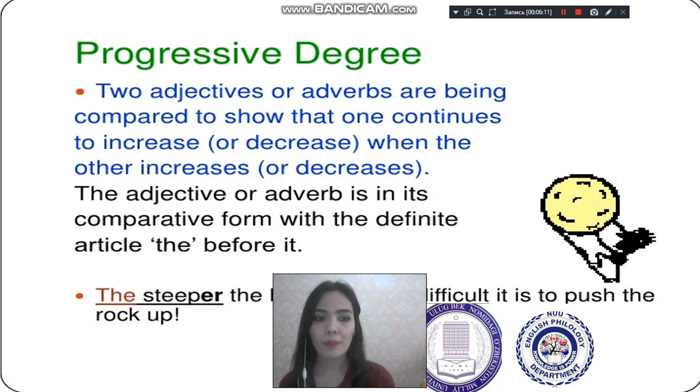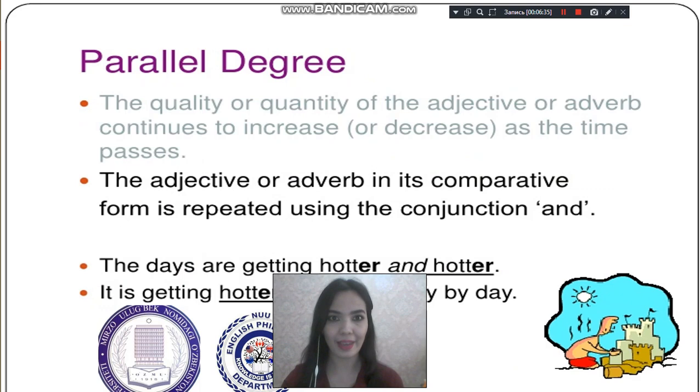If you remember, we use the article the with superlative form. For example, the most beautiful is superlative form, but be attentive when we are speaking about two things that are decreasing or increasing in the progress, we have to use here comparative form of adjective with article the. So let's go to the next.